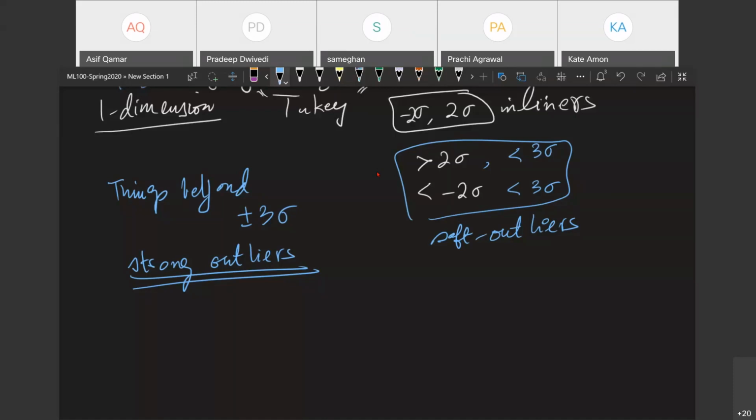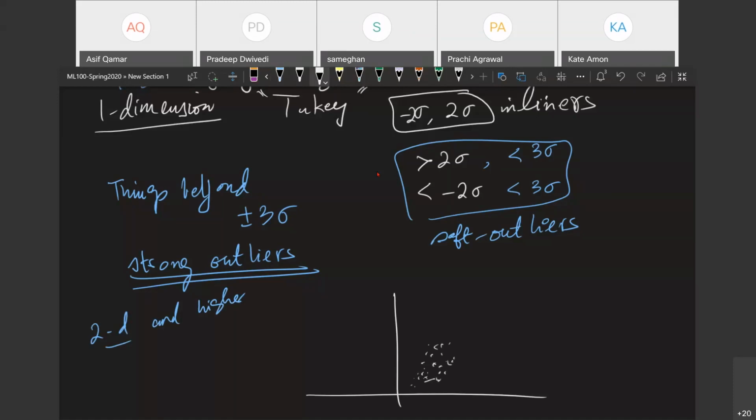For one dimension, you just look at the standard deviations and you get a sense of the outliers. For higher dimensions, 2D and higher, it's a little bit more tricky. In 2D, you can still do that. Suppose you have a data set here, and suppose there is a data point here.